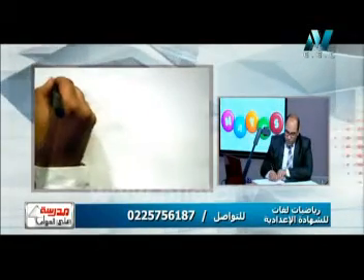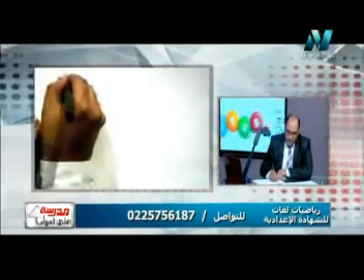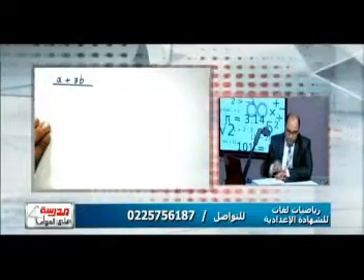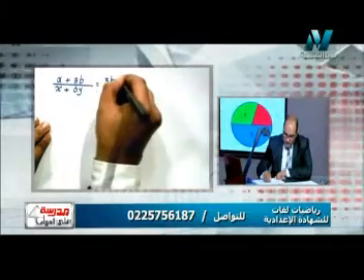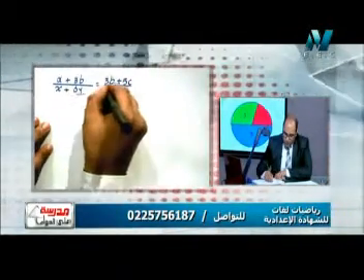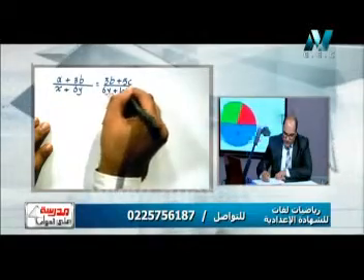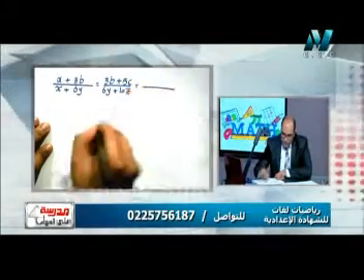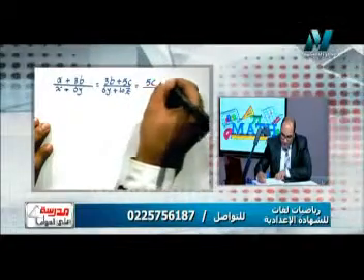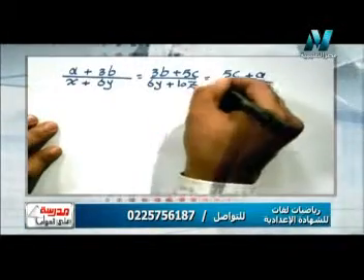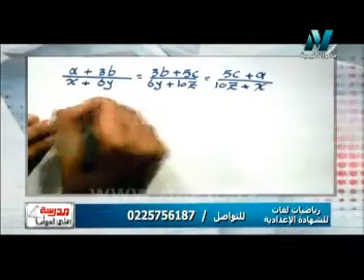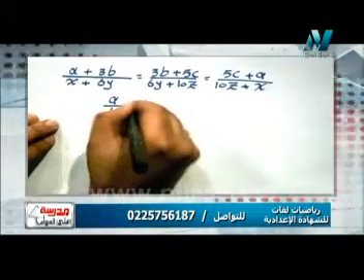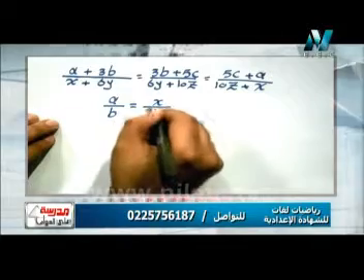But here we have the ratio which is a plus 3b over x plus 6y equals 3b plus 5c over 6y plus 10z equals 5c plus a over 10z plus x, and we want to prove that a over b equals x over 2y.